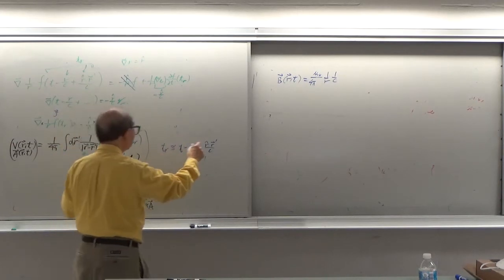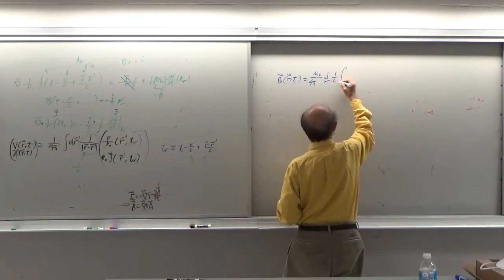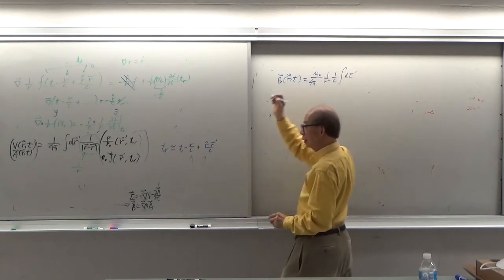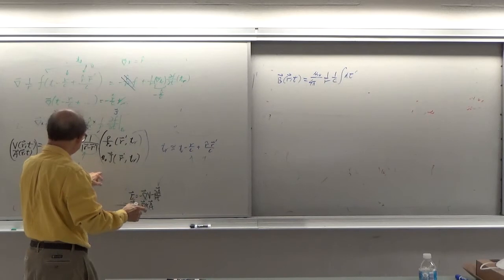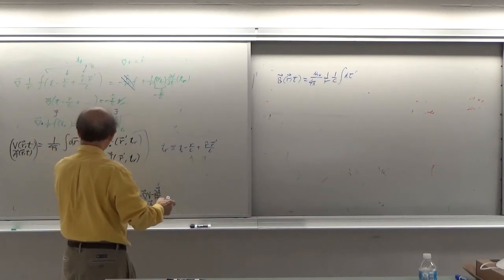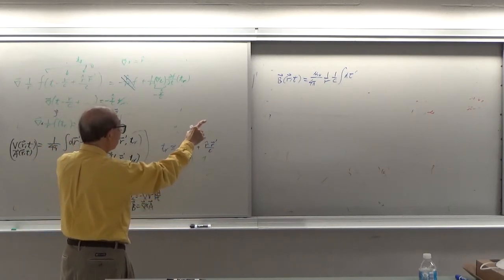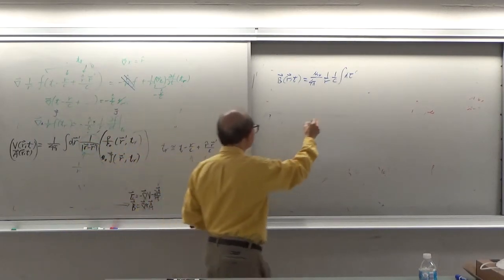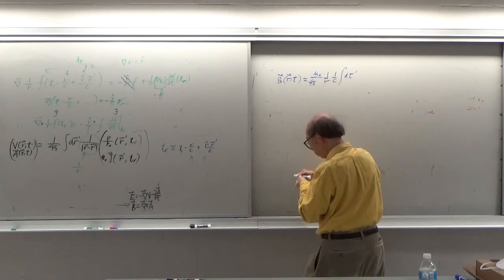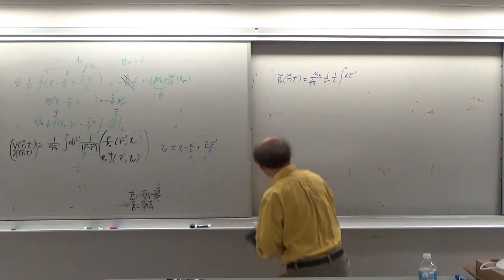And then I have the integration. Let me go back to the notation: d tau prime is d^3 r prime. And minus that, and then I will have 1 over r, then r hat cross it.